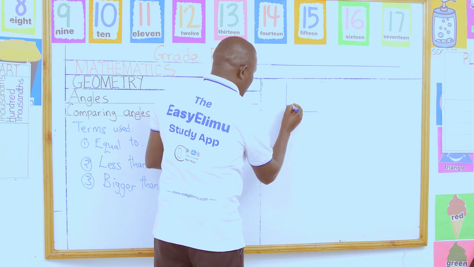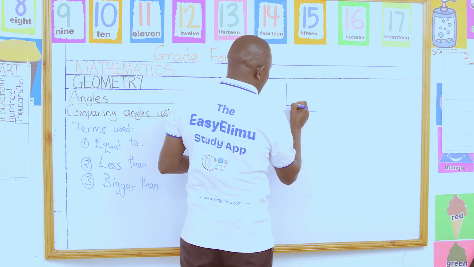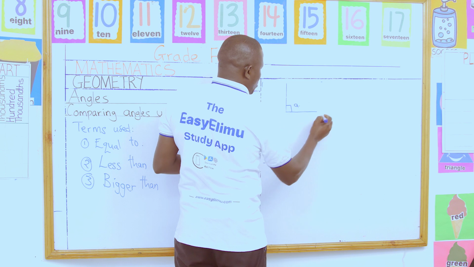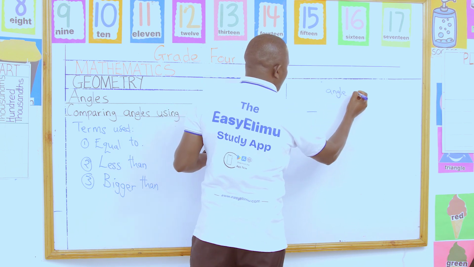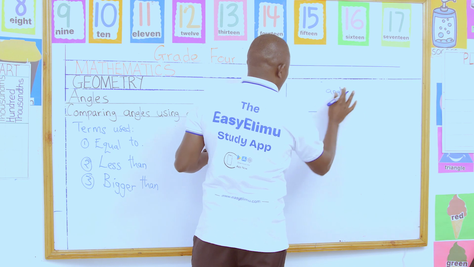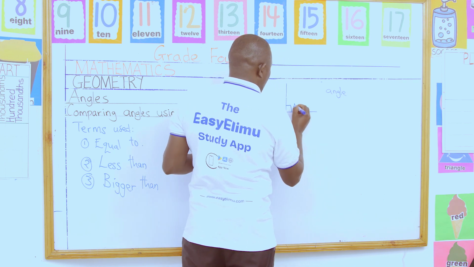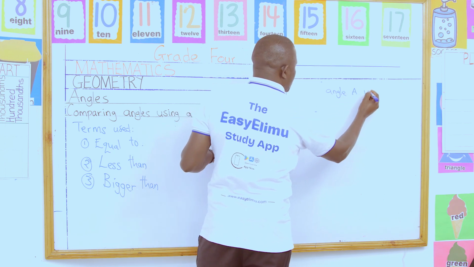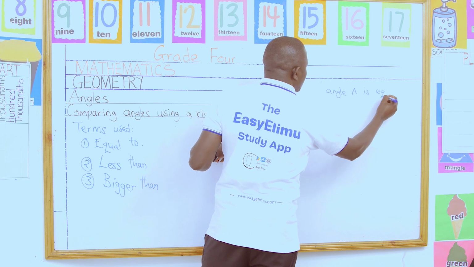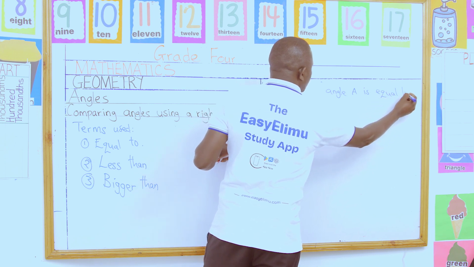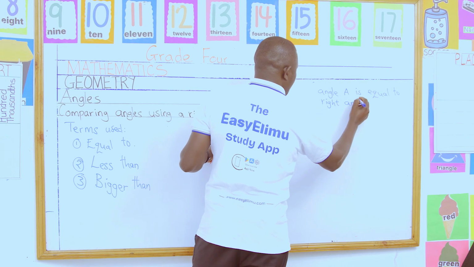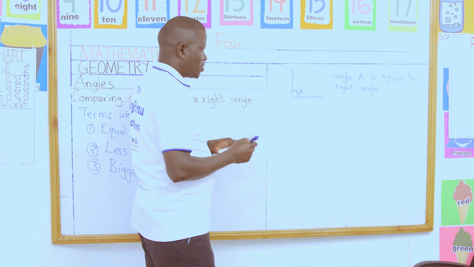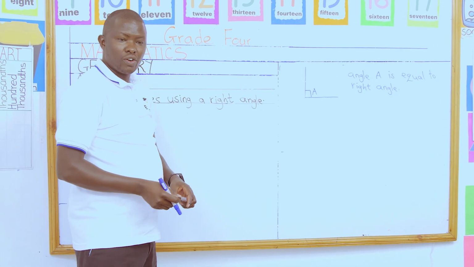So, we'll put that sign here to say this is our angle A. Let me use capital letter, kindly. Angle A is equal to right angle. We have measured and seen it is equal to right angle. This was our angle A.